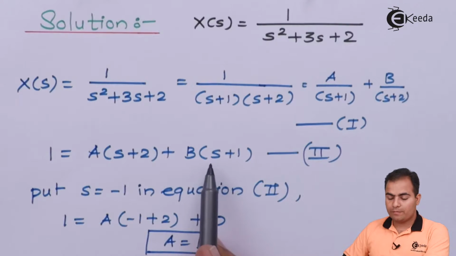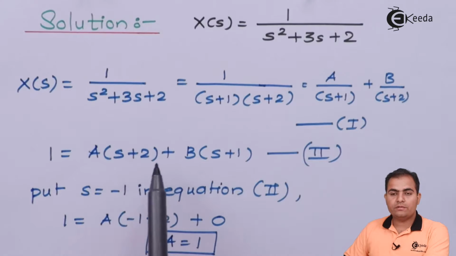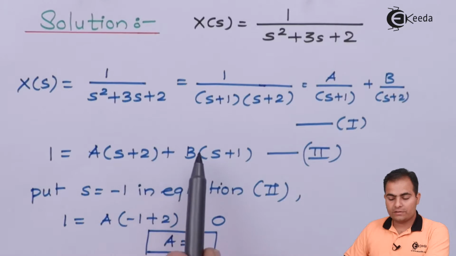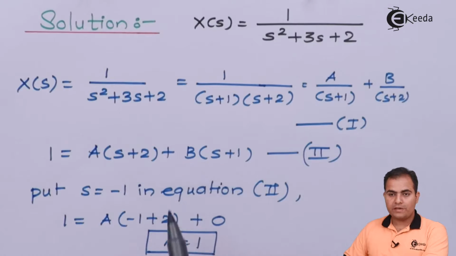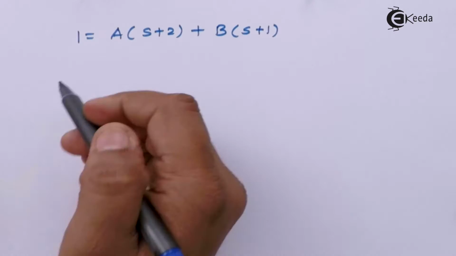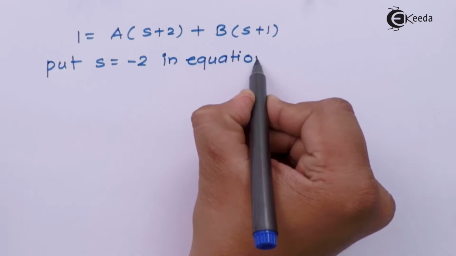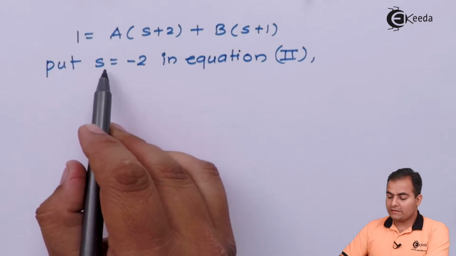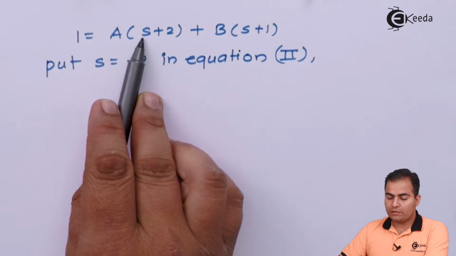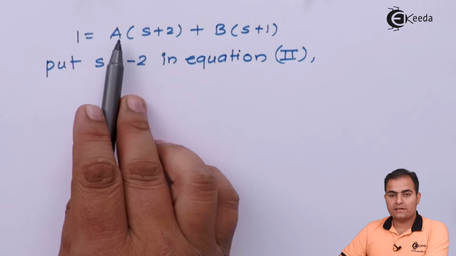Now we will find out the value of B. As I told you, in this question just substitute the opposite value equal to 0. Here we have s plus 2, so s plus 2 equal to 0, what we will get? S equals to minus 2 to find the value of B. Now if I substitute s equals to minus 2, then this minus 2 and this 2 will get cancelled, and the whole product will give us a result 0.